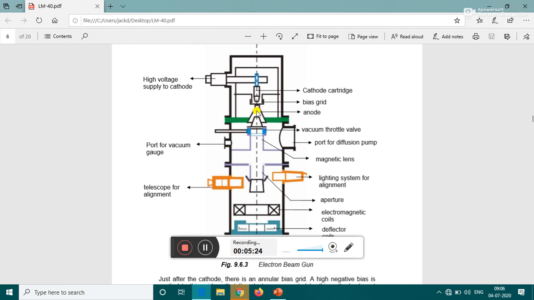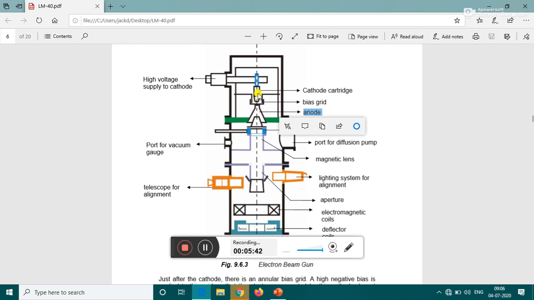Now just after the bias grid, you have the anode. And what is the charge of the anode? The electrons have to come here, so the charge must be positive.